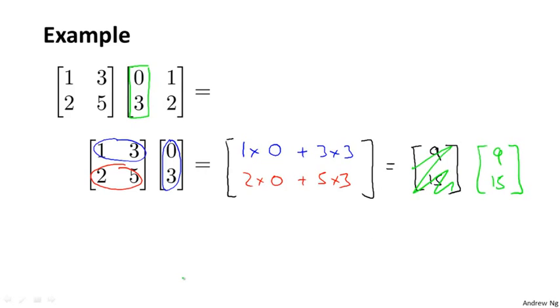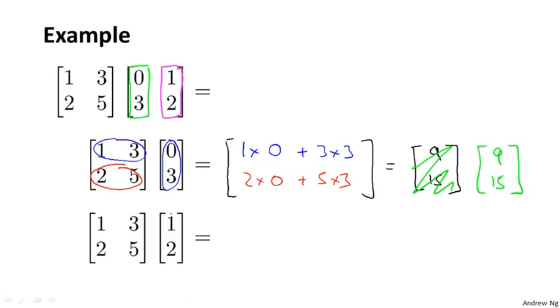And then next, I'm going to pull out the second column of this and do the corresponding calculation. So that's this matrix times this vector 1, 2. Let's also do this quickly. So that's 1 times 1 plus 3 times 2. So just that was that row.